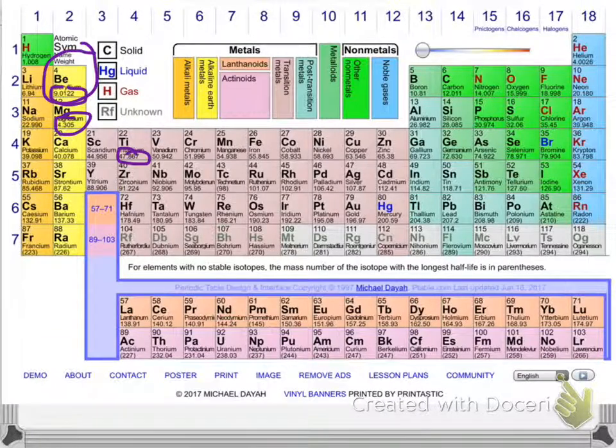So we look back at the periodic table, and we see that magnesium has a mass of about 24.31 grams per mole, and fluorine has a mass of 19 grams per mole. And I'm just going to round to the hundredths place.